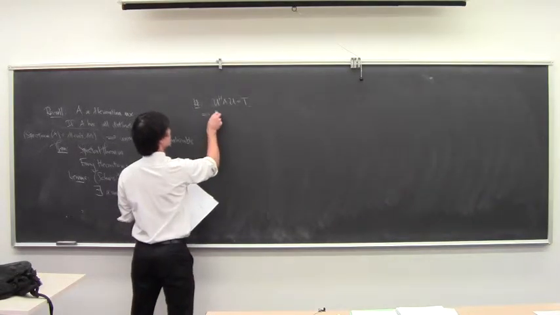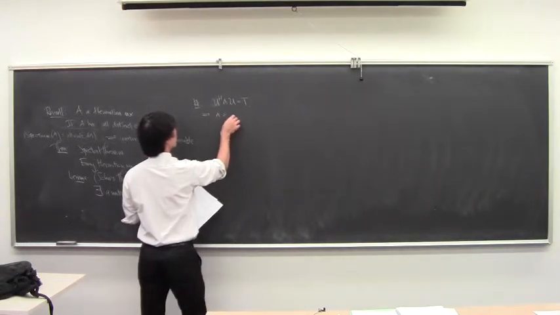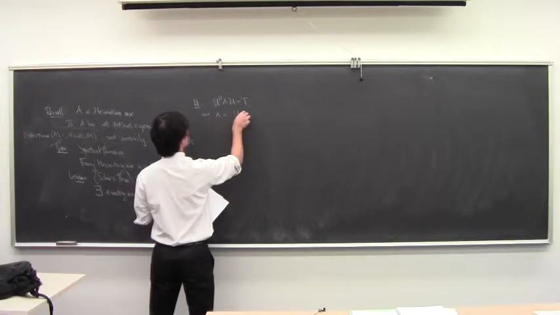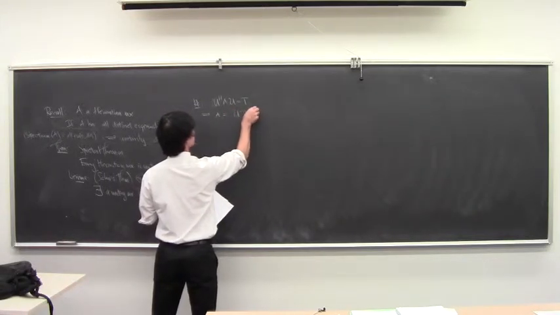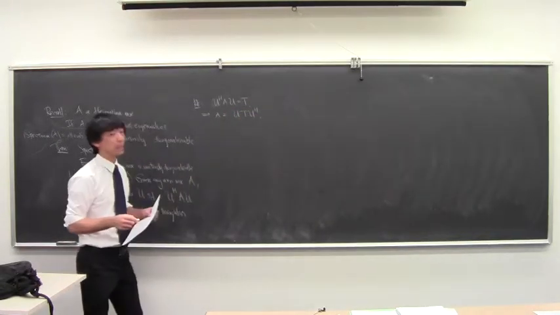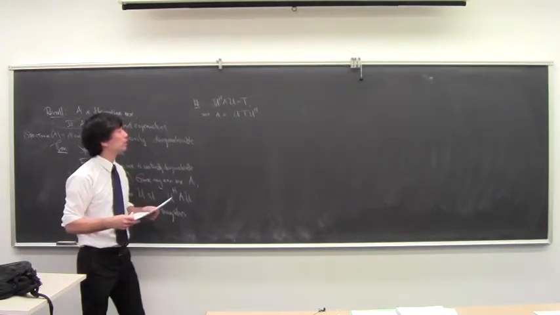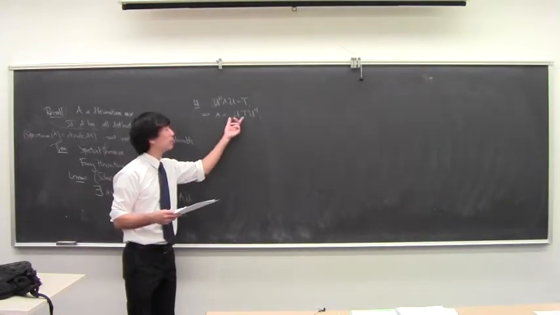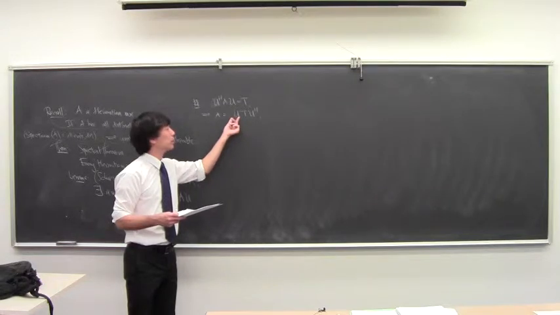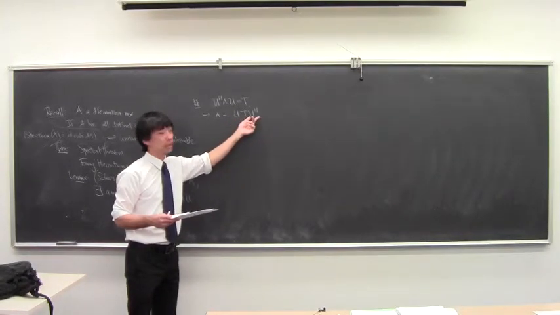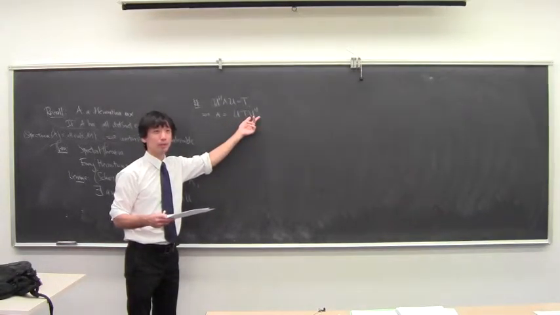So what does that tell you about A? That tells you that A looks like A = U T U inverse. So any matrix can be decomposed into a unitary matrix, a triangular matrix, and the inverse of the unitary matrix.